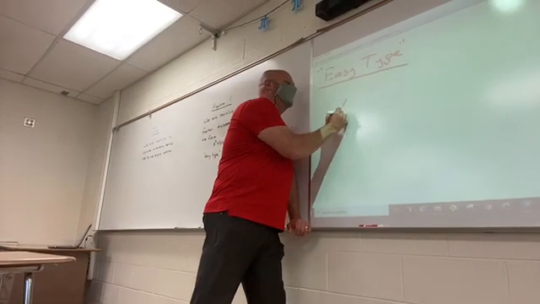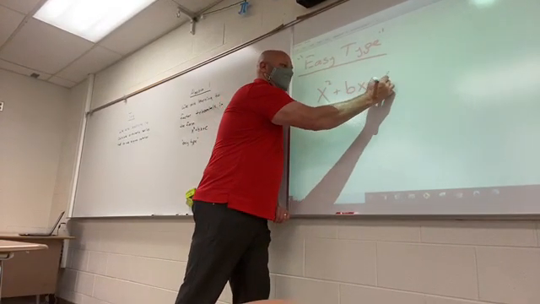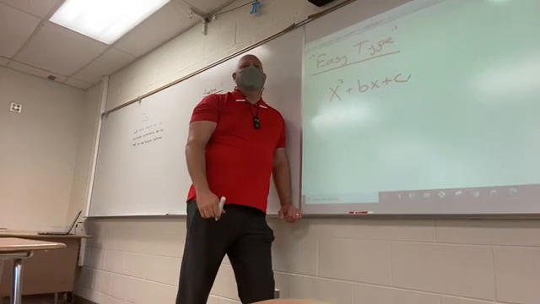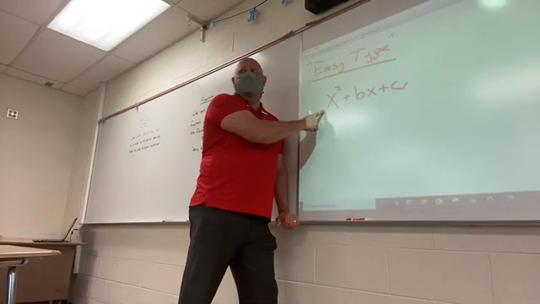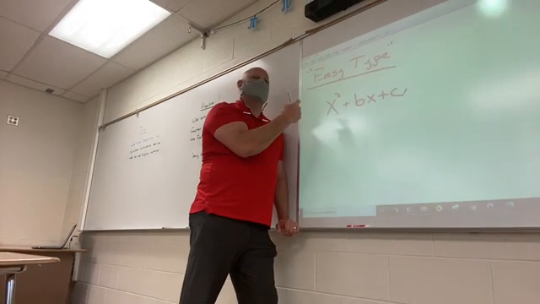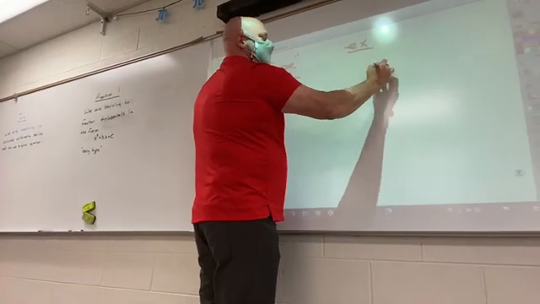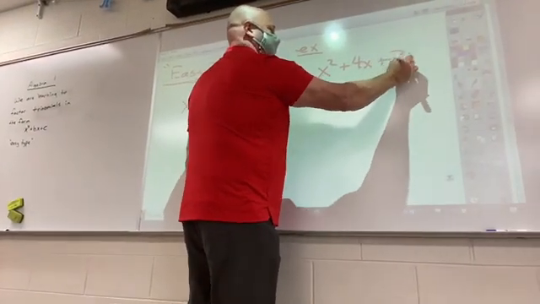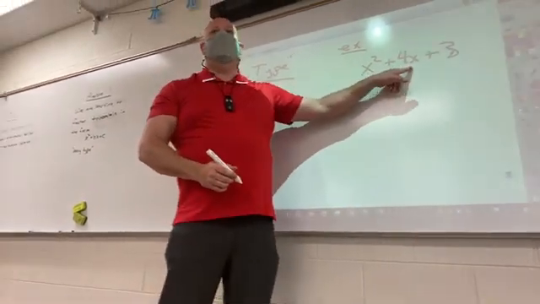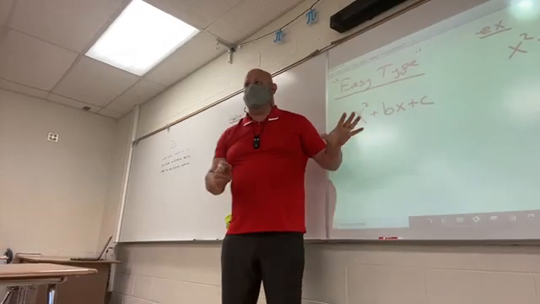Those are going to be problems in this form: x squared plus bx plus c, where this is always going to be a 1. So an example would be x squared plus 4x plus 3. The b can be any number and the c can be any number. These problems are what we're working on today.